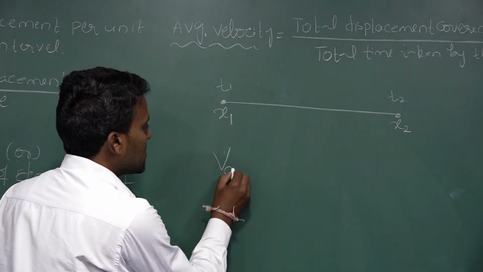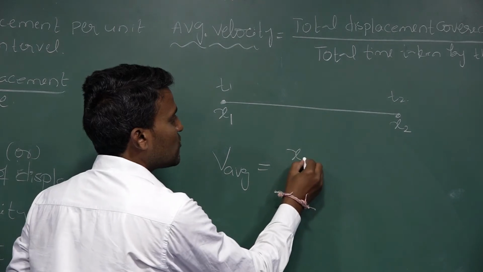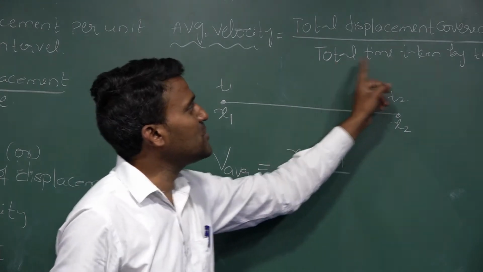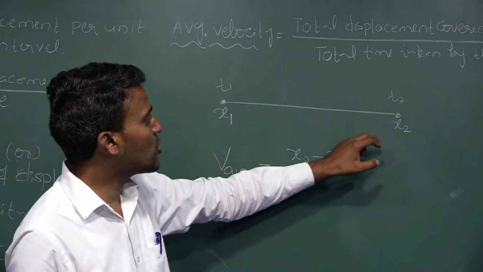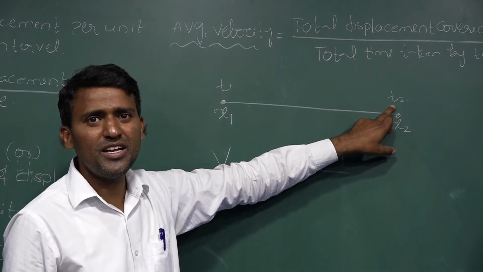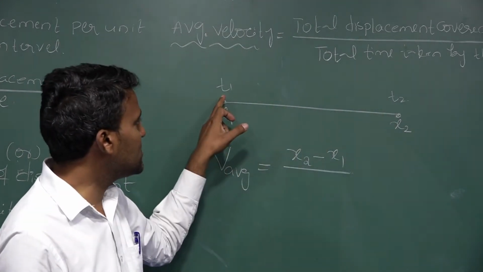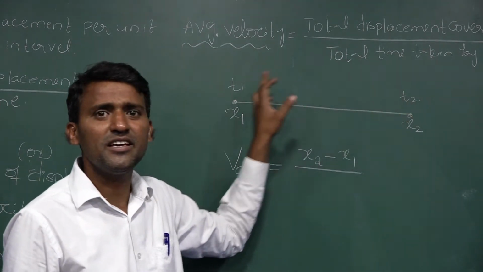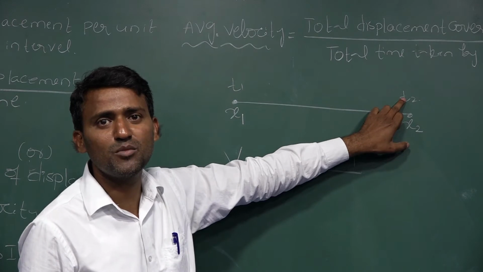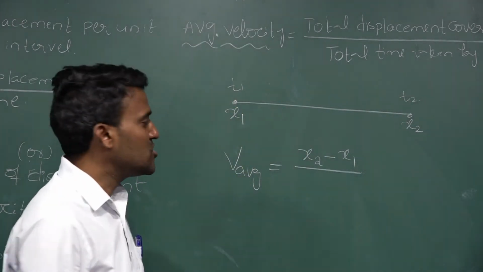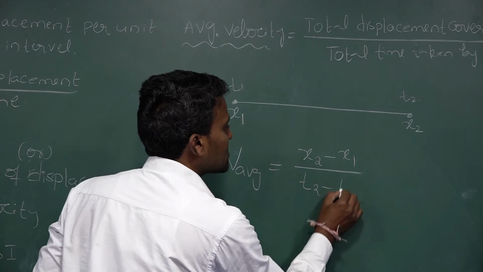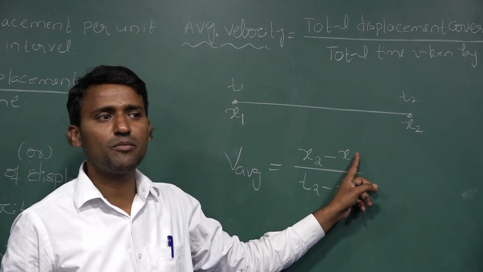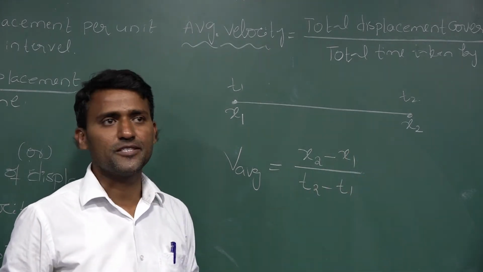So average velocity is equal to x2 minus x1 divided by t2 minus t1.